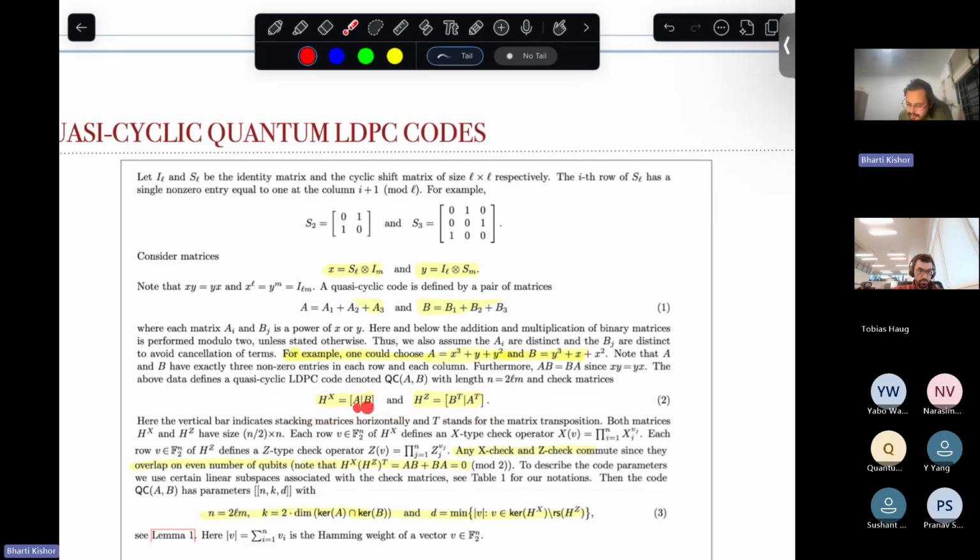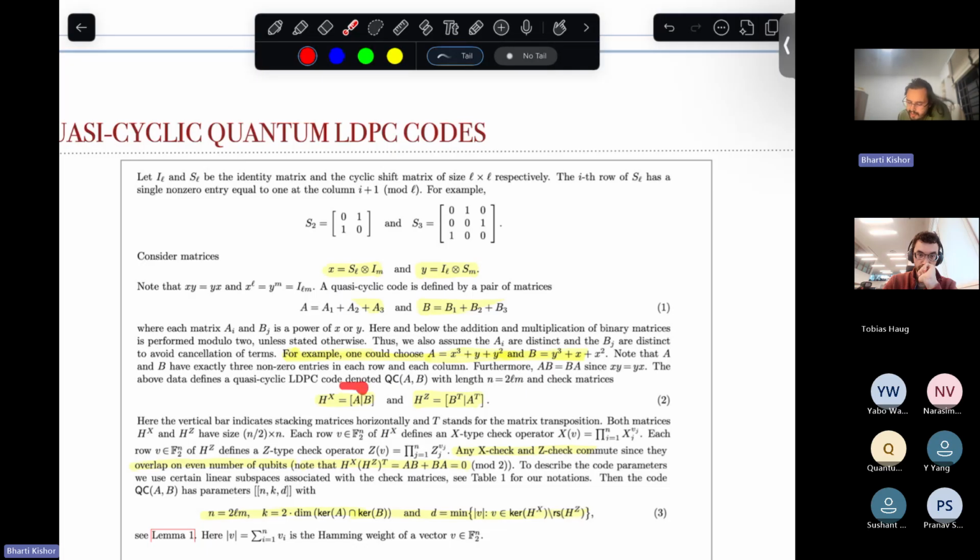And to construct these matrices A and B in your parity check matrices, you build some polynomials. So you have, let's say, A is some polynomial with 3 terms, and B is a polynomial with 3 terms. This polynomial could be x cubed plus y squared, and the polynomial for B could be, for example, this one. And what are these x and y? x and y are shift matrices which are defined here.